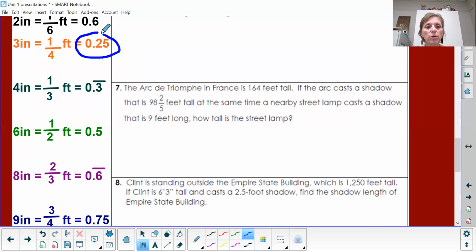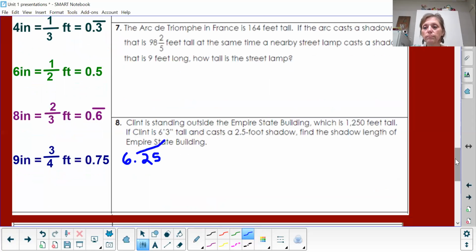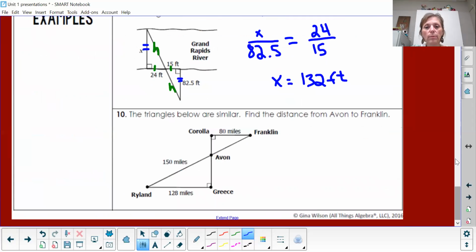So I'm going to use this, that'll be 6.25. Okay, so you can use the chart from front to back to front, it doesn't matter. 2/5, I would say take a calculator and say 2 divide 5, and that would be 98 point something, whatever it says on your calculator. I don't know why my program is jumping around like this.